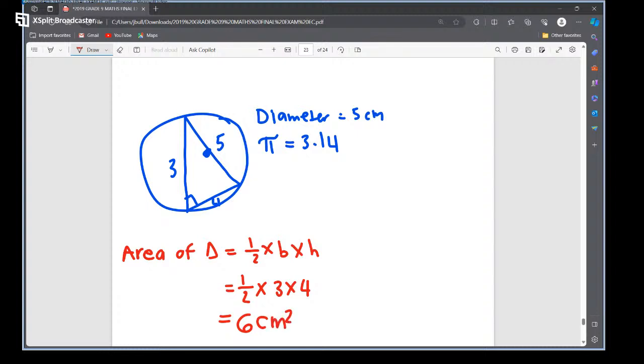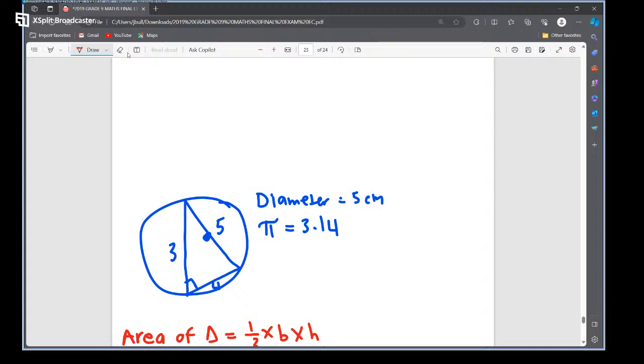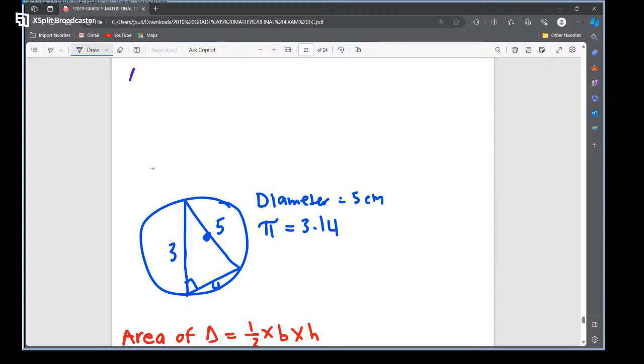Then they also want us to work out the area of the circle. Again, you have to remember that formula. So let's get a different color here. Again, you will get a mark for just writing this formula.